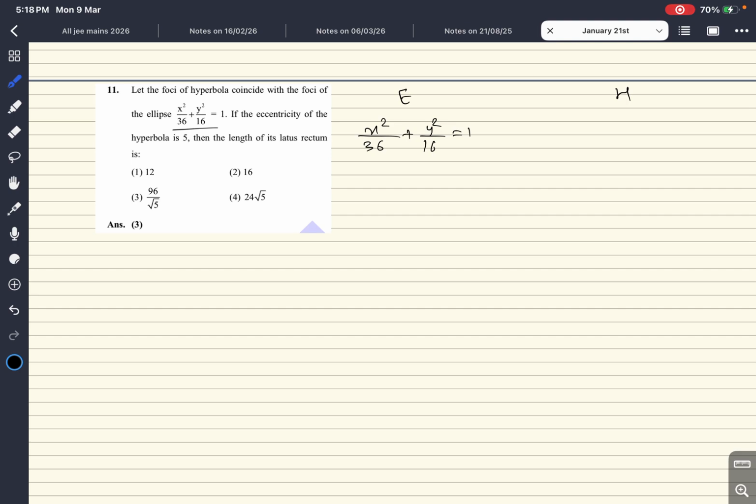If the eccentricity of the hyperbola is given 5, then the length of its latus rectum. So the latus rectum length you have to find out for the hyperbola.